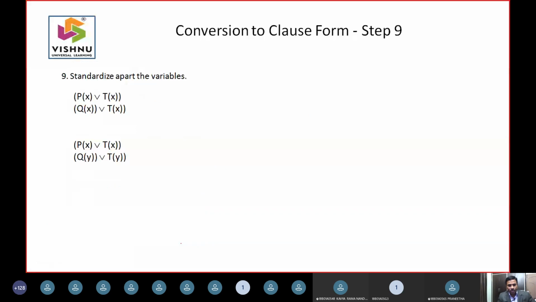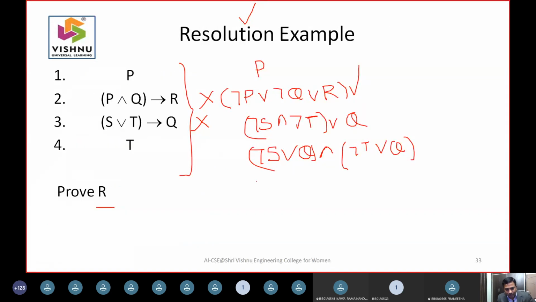The same here. So I can take this as a statement, negation of S or Q, and I can take the other statement as negation of T. Is it right? Whatever I am doing is right?